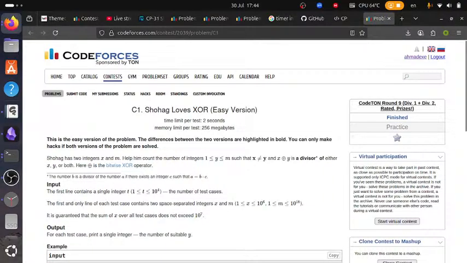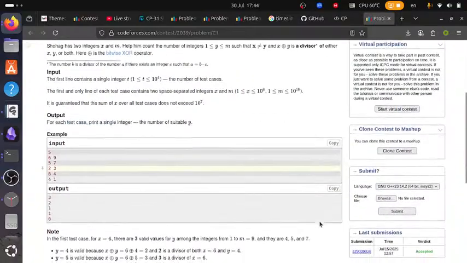Okay. So Shahag has two integers x and m. Help him count the number of integers y, one is less than or equal to y is less than or equal to m, such that x does not equal y, and x XOR y is a divisor of either x or y or both. So I remember this problem.